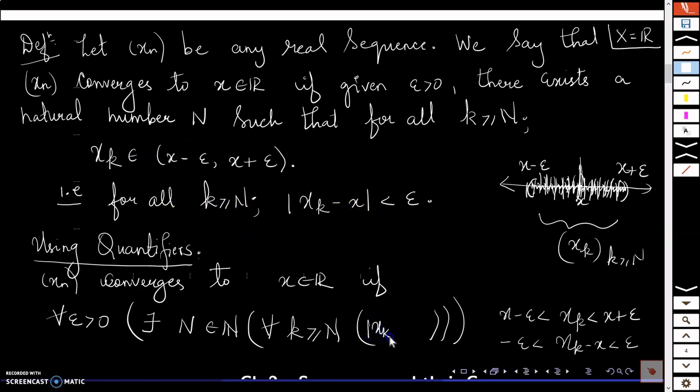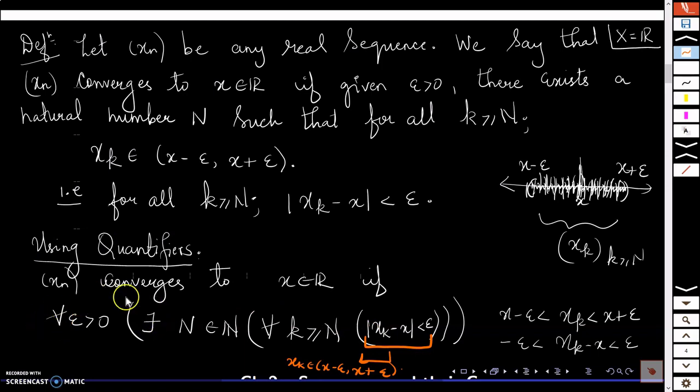So xk minus x will be less than epsilon. Instead of this, you can also write the other condition, which are equivalent actually. So any one you can write. You can, instead of this, also put xk belongs to x minus epsilon comma x plus epsilon. Both mean the same, right?